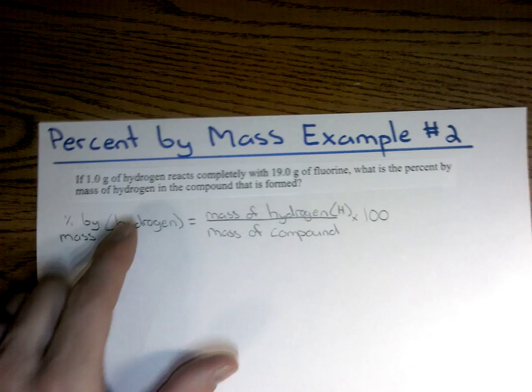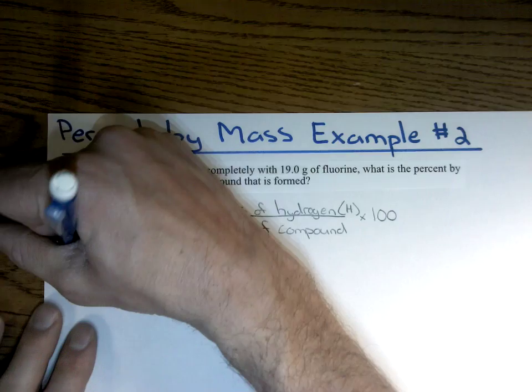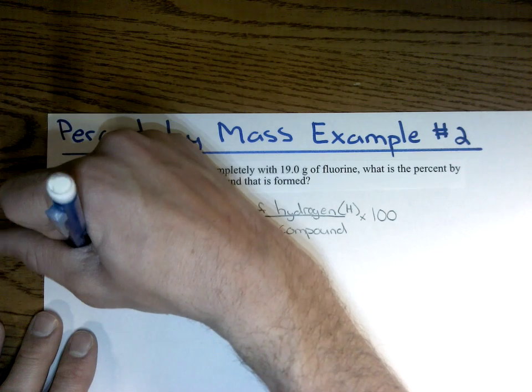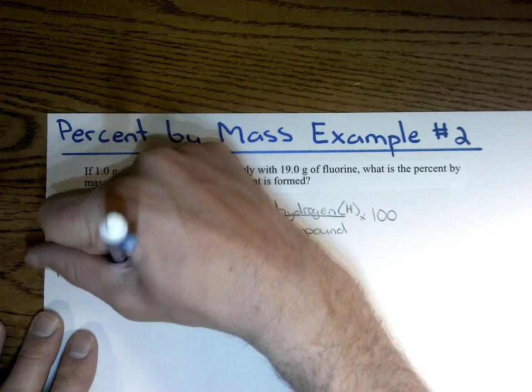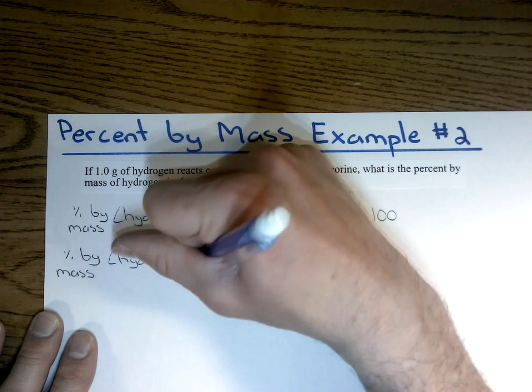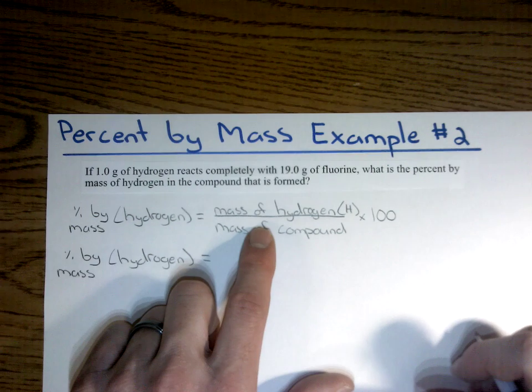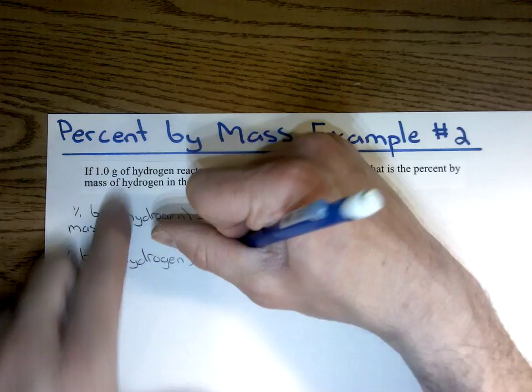So again, we don't know the percent by mass of hydrogen because that's what we're trying to solve. So we go through this. Number one, we need the mass of hydrogen. Well, it says here we have 1 gram of hydrogen.